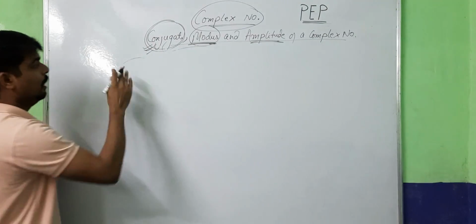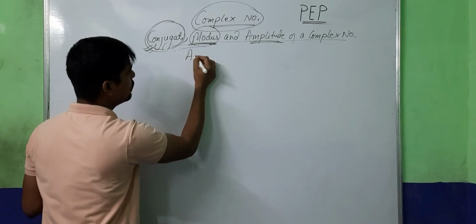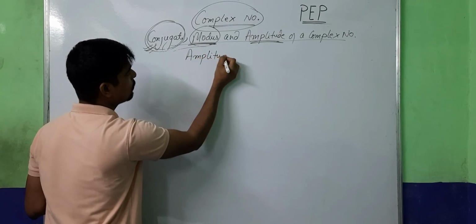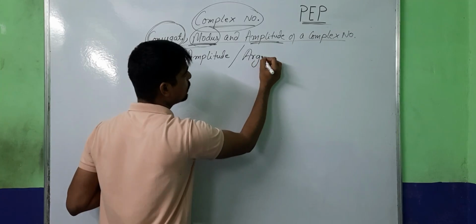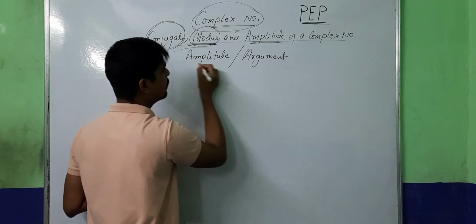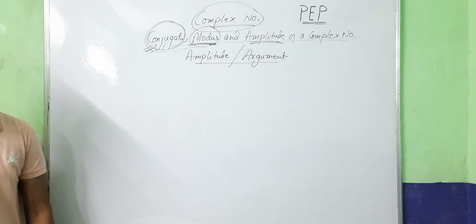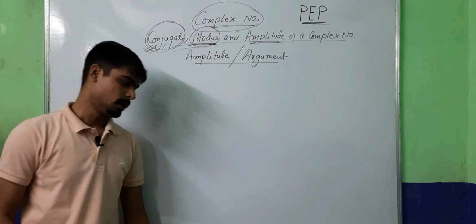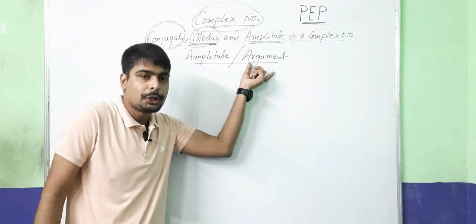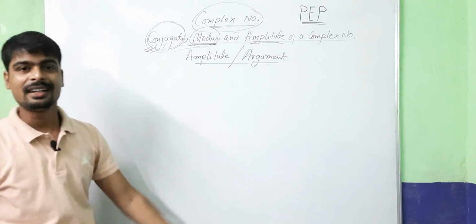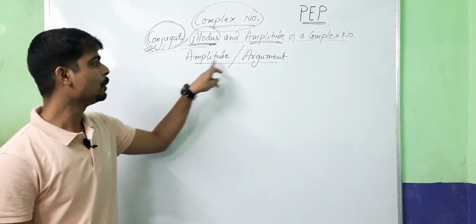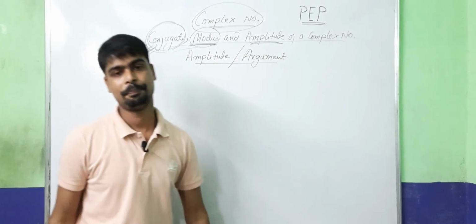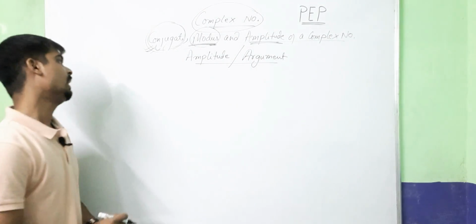See, when we talk about amplitude, amplitude and argument are the same. Whether you get a question to find argument or amplitude, the answer, calculation or process will be the same. How are we going to calculate argument?